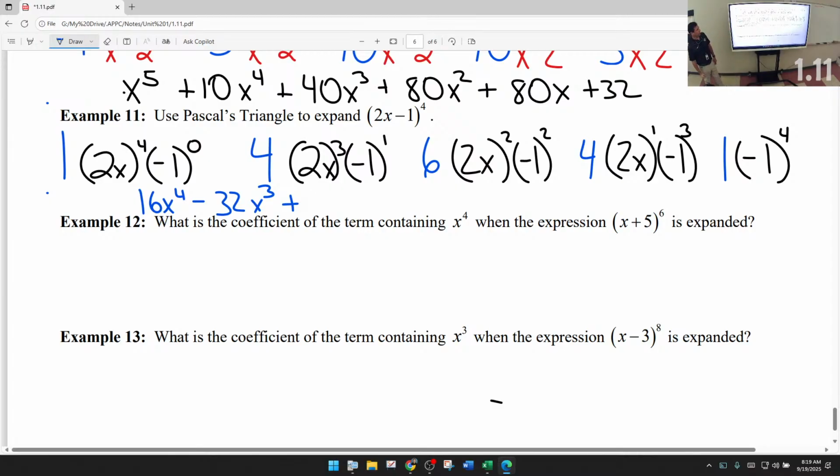And 2 squared is 4, and 4 times 6 is 24. And then I got 3 negatives. And I got a 2 and I got a 4, which is an 8. And then I got 4 negatives.